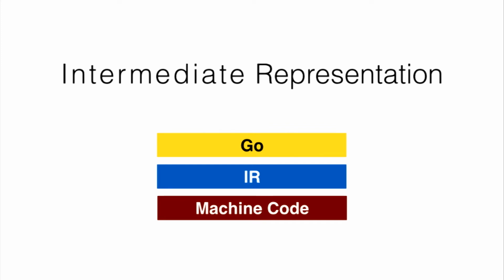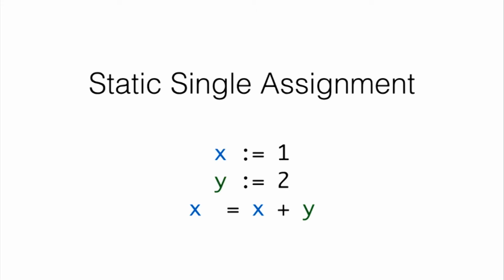So we need something right in between. And IR is high level, so you still have these Go concepts like goroutines, functions and types, but it's also portable. So we can run it on AMD64, we can run it on an ARM processor. It's all the same code that we analyze. Okay, so that's the IR part.